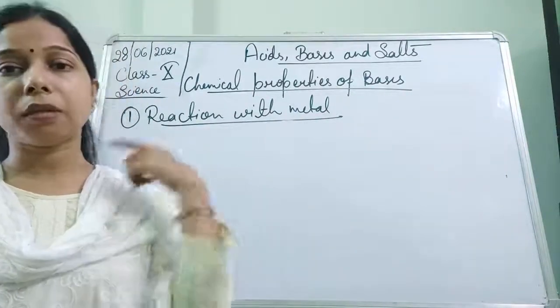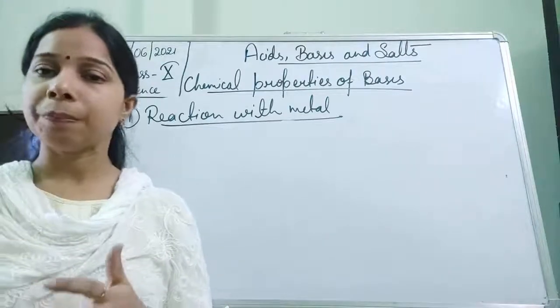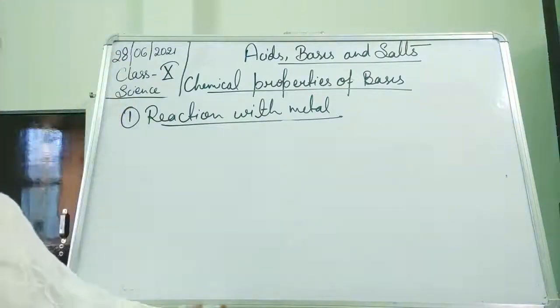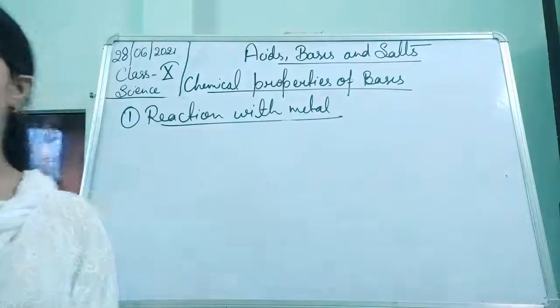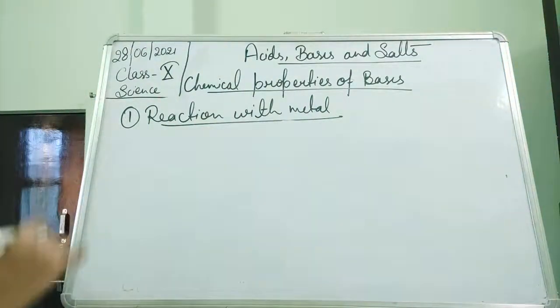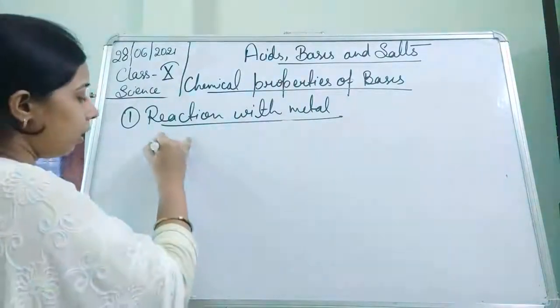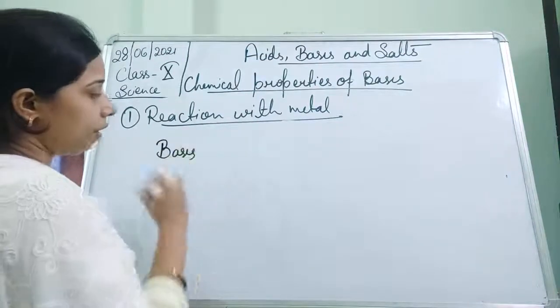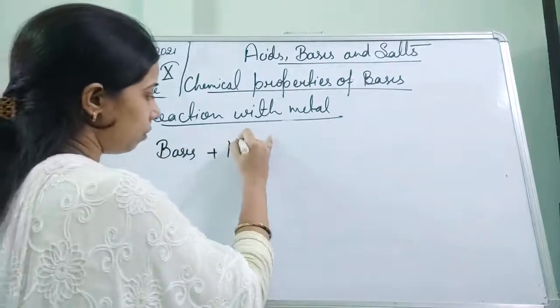As we have seen in the case of acids, it forms hydrogen gas along with the salt. Now let us see what happens with bases. The same thing happens here.